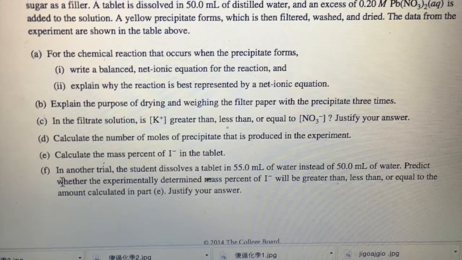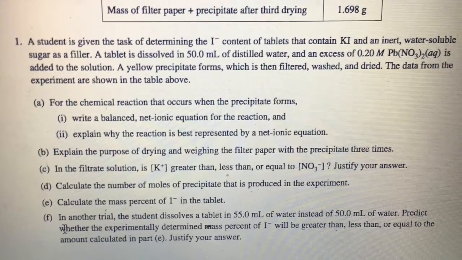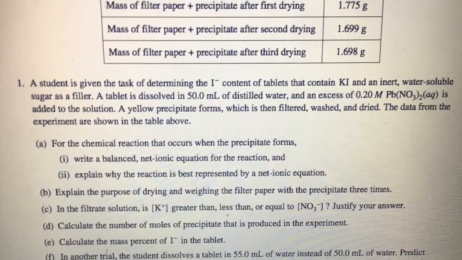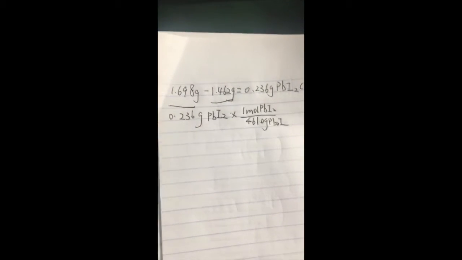Now I have two free response questions. In question D, you need to calculate the number of moles of the precipitate, that is the product, in the experiment. We know 1.698 grams is the final mass of the PbI2, and 1.462 is the mass of it before the reaction.